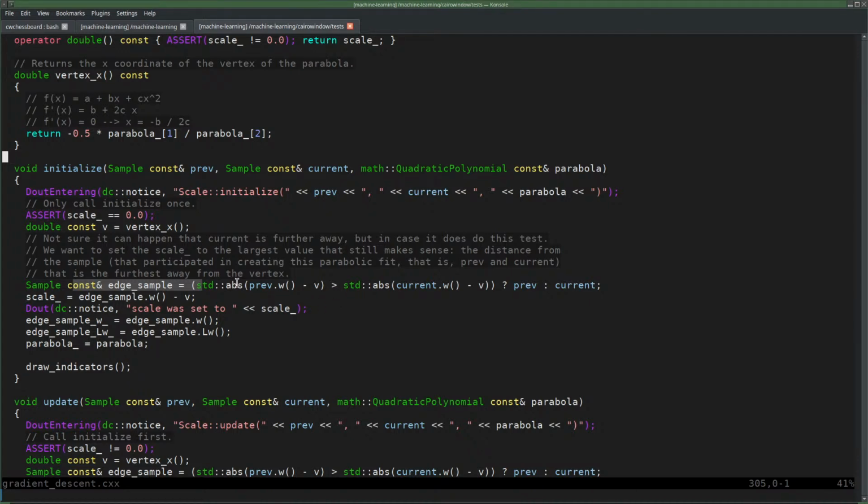If the absolute distance of previous is larger than the absolute distance of current to the vertex, previous. How on earth can that go wrong? It cannot go wrong.